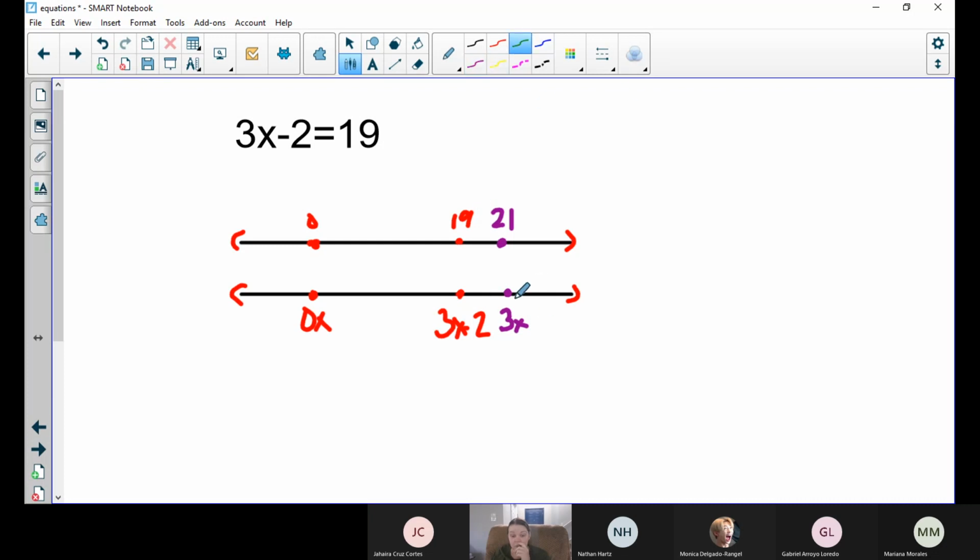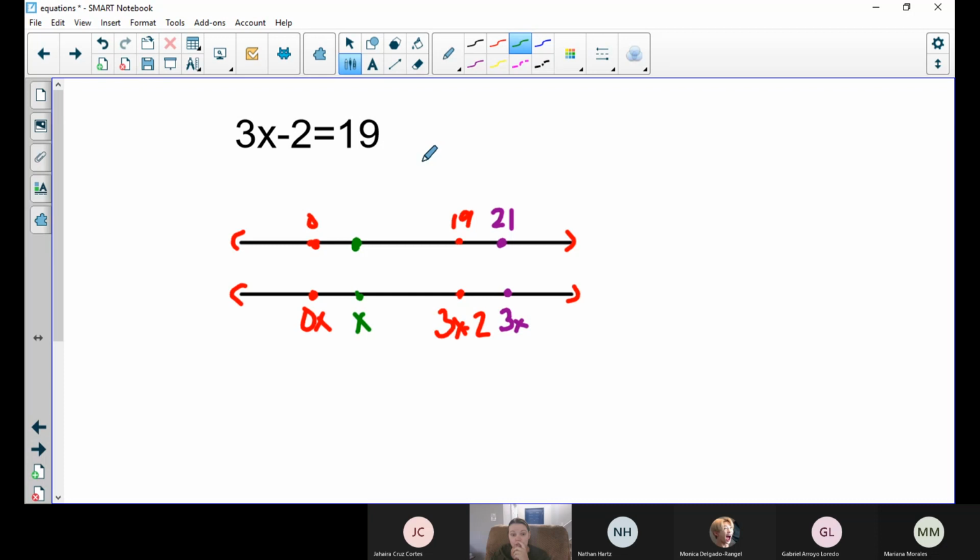The next step that I'm going to take is I want to know not what 3x equals, I want to know what 1x is equal to. So I need to figure out how I went from 3x to just x. And to do that, I divided by 3.